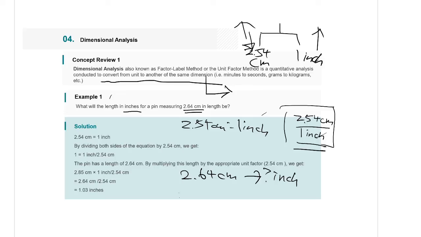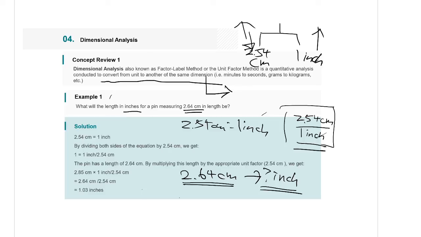Therefore, we have to rearrange our conversion factor, the ratio or the fraction, and combine it with our number over here, and then we will have our length in inches.